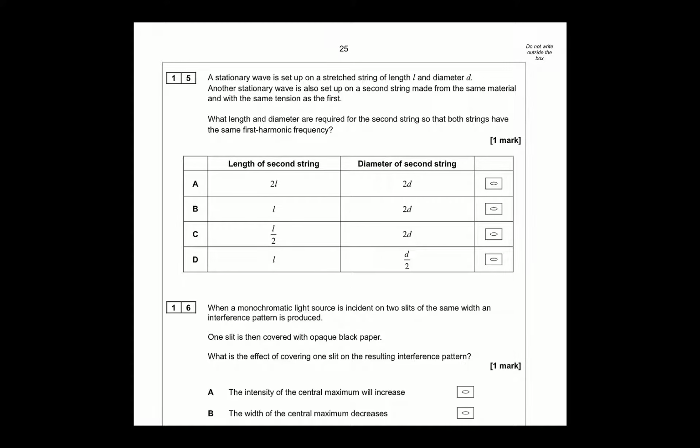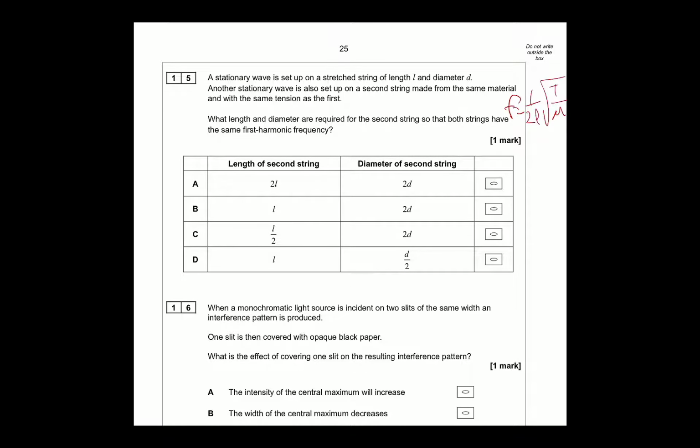Okay, so 15. Stationary wave set up. Now the stationary wave is set up on a second string wave of the same material and the same tension. Okay, so 1 over 2L square root of tension over mu.